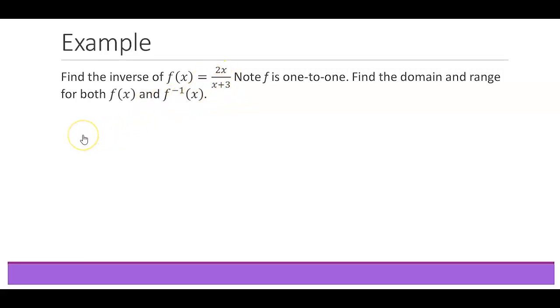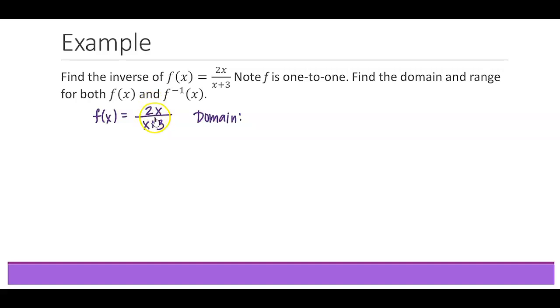So let's start by going ahead and thinking about f of x equals 2x over x plus 3. And before we try to find its inverse, let's think about the domain of f, because I want both the domain and range for both f and f inverse. So for f of x, its domain is going to be everything except -3.